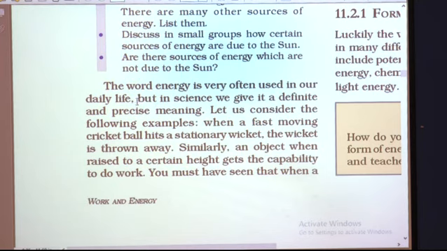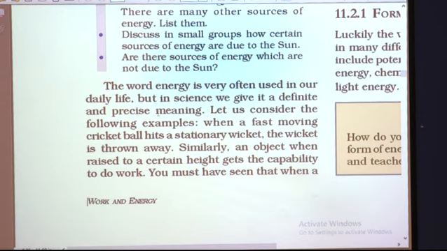So we use this word energy in our day-to-day life very often, but in science we give it a definite and precise meaning, just as work done in science is different from how we use it in day-to-day life.